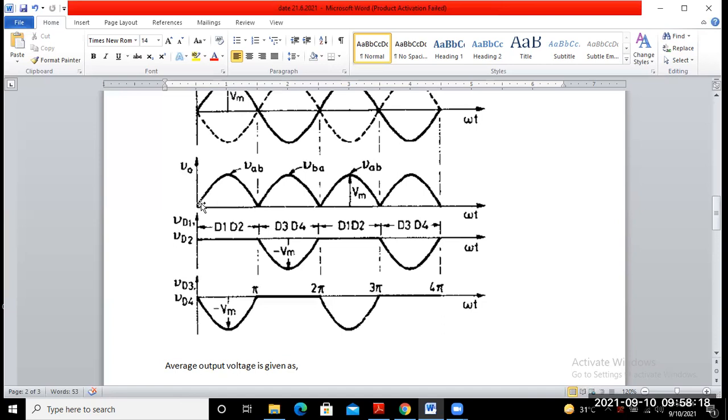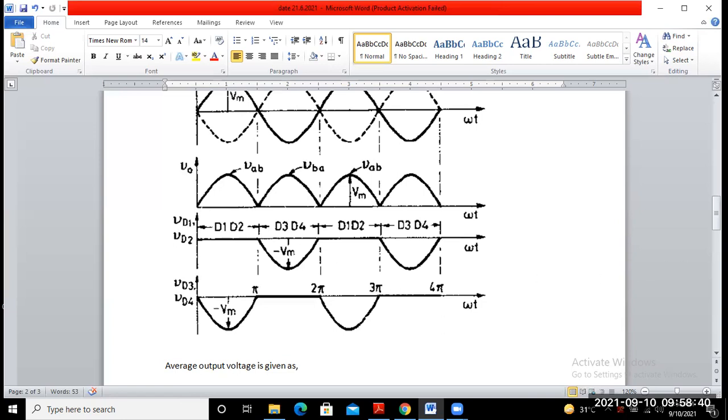You may draw the output current waveform from 0 to pi similar to the output voltage waveform, and again from pi to 2 pi. So the output current doesn't change for the purely resistive circuit.